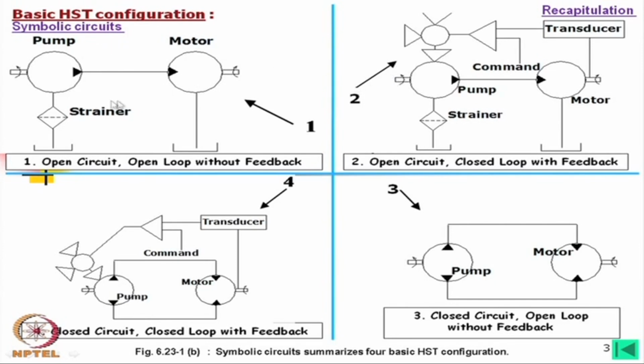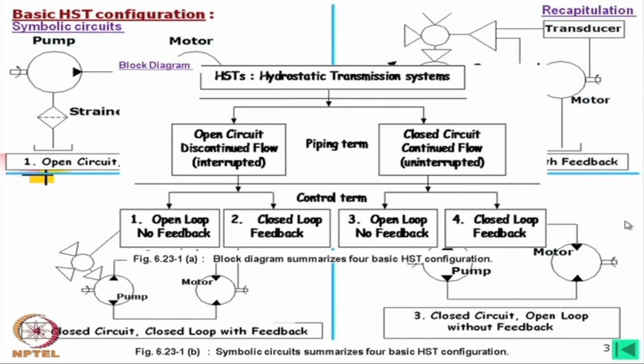Usually in classroom question papers or examinations, a popular question is to describe the hydrostatic transmission system. Then you have to write all such things with such simple diagrams. And finally, we can make a block diagram like this.